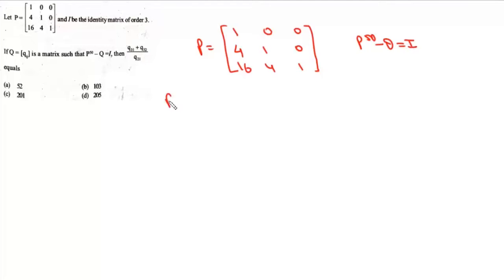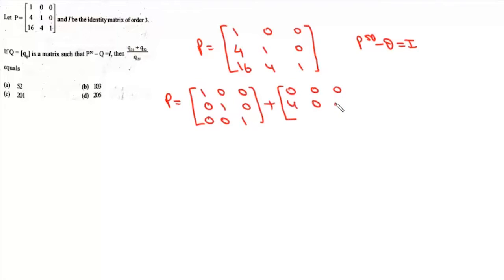Now what we'll do is, we'll write this P as 1 0 0, 0 1 0, 0 0 1, which is your identity matrix, plus this matrix, which is 0 0 0, 4 0 0, and 16 4 0. Now this is I, and suppose this matrix is A.